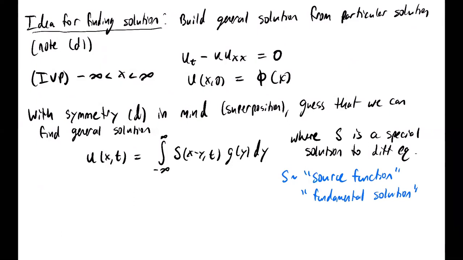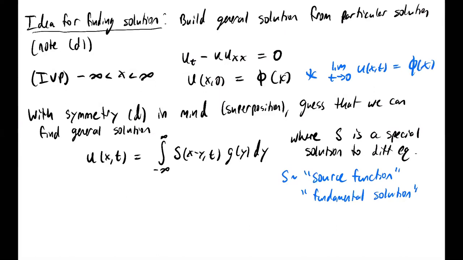Okay, and so let's analyze this further. Well, the first thing that you need to take into account is the initial condition, right? If there's no initial condition, it's a lot harder to find solution formulas, as we've seen. And so it's going to be important that my function u is equal to phi when t is equal to 0. You can think of this in a limiting sense, right? The limit as t approaches 0 of u of x, t, whatever the solution is, should always converge to phi of x, which is your initial condition.